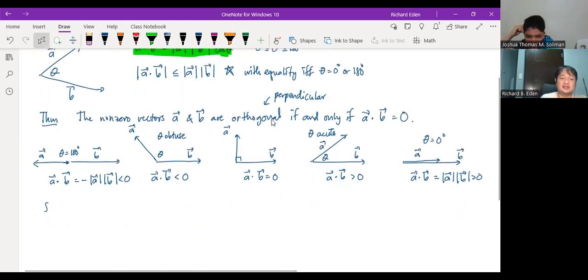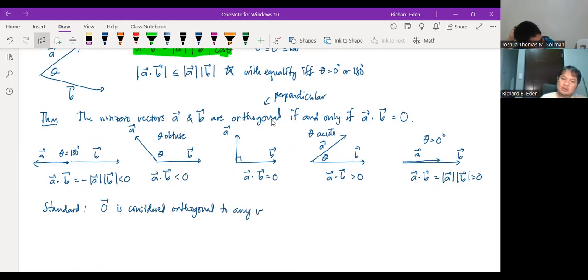A standard that some references follow is that the zero vector is considered orthogonal to any vector.